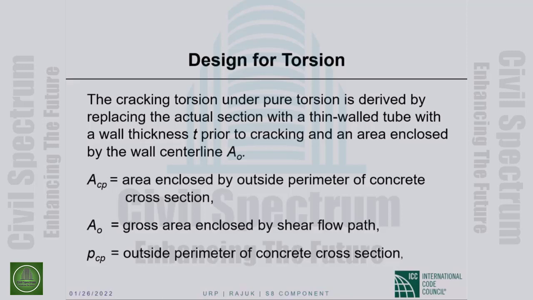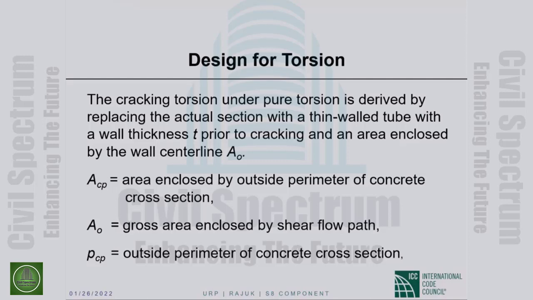The idea is if it is a hollow section, we will count the area of the hole. If it is a hollow section, then there is a big difference between the cross-sectional area and the area enclosed by outside perimeter of the concrete section. The area enclosed by the perimeter includes the area of the hole, and that's what is meant.